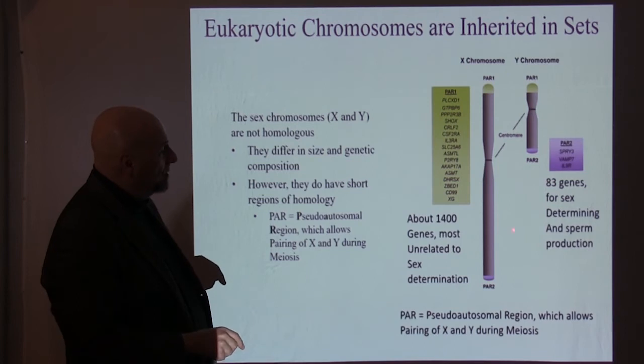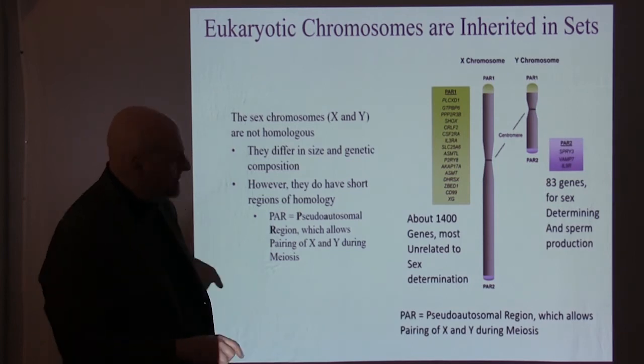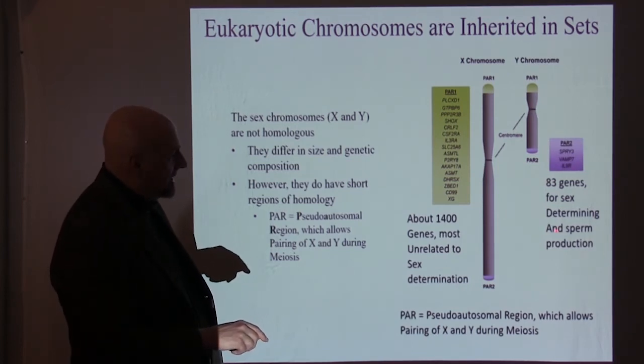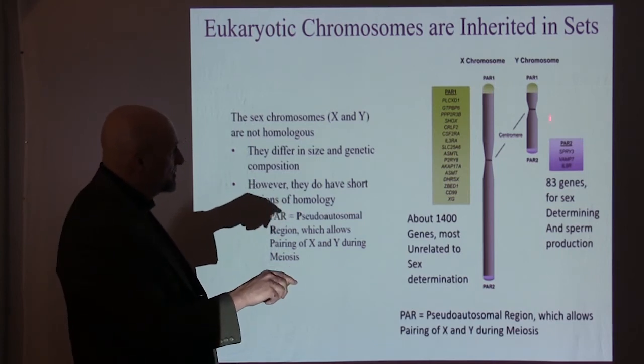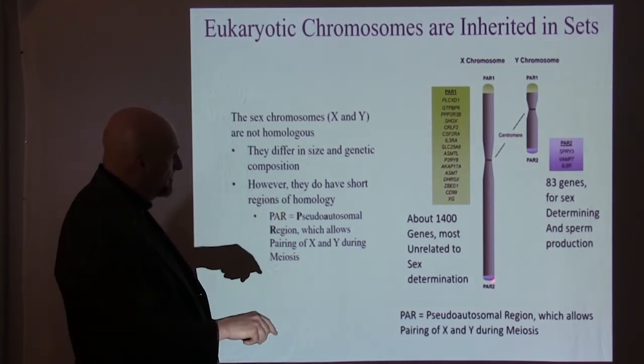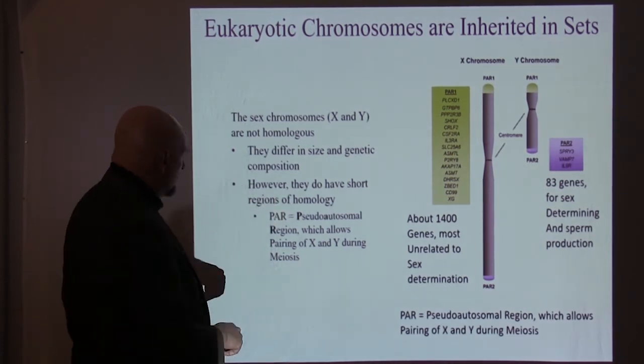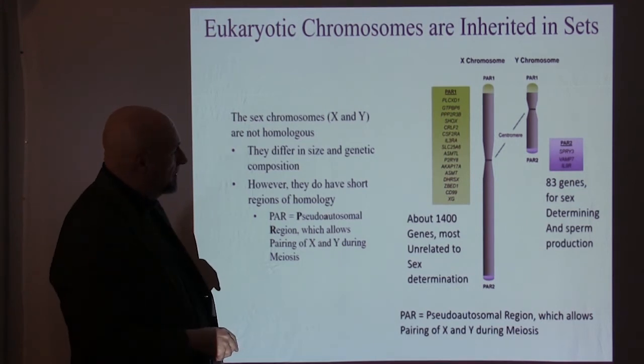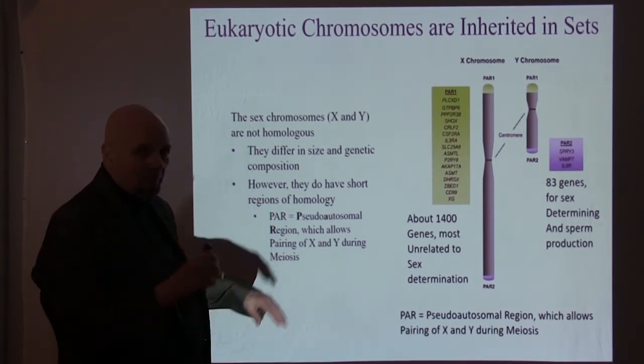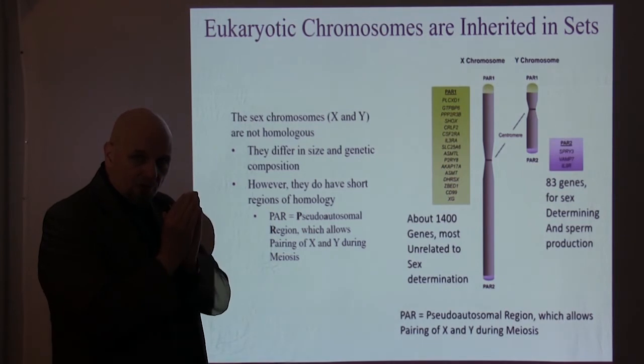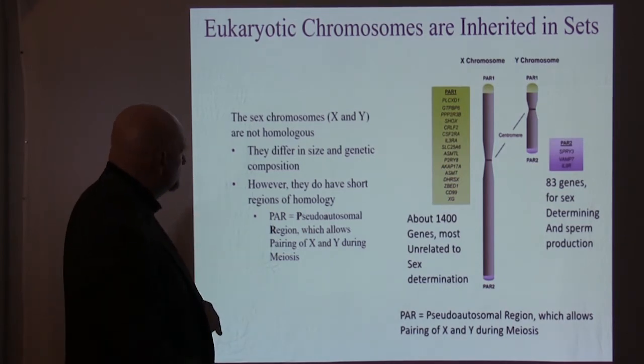However, on the Y chromosome, there are about 83 genes for sex determination and sperm production. That's where those particular ones come from. You don't find those over here on the X. So these PAR regions allow for pairing during meiosis to occur.